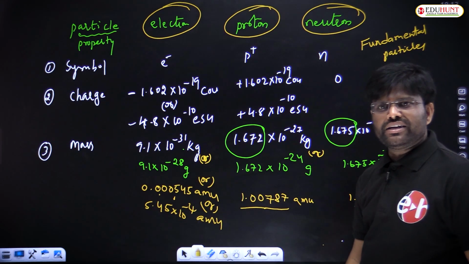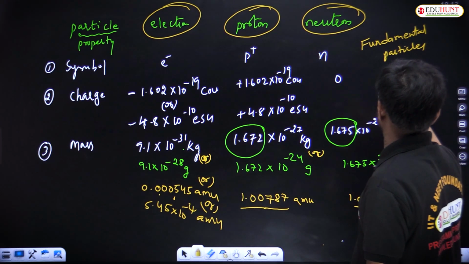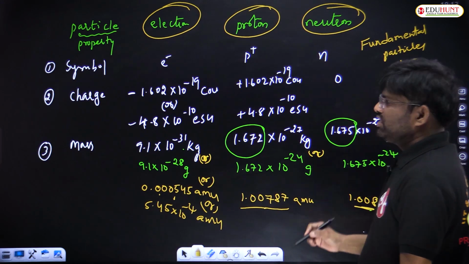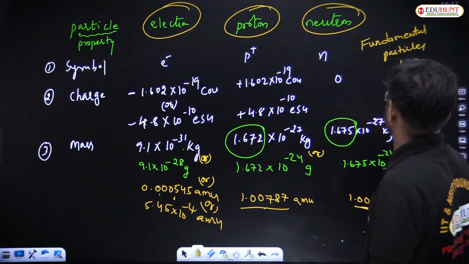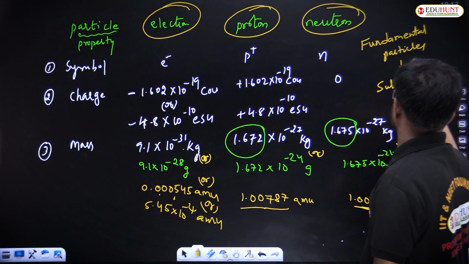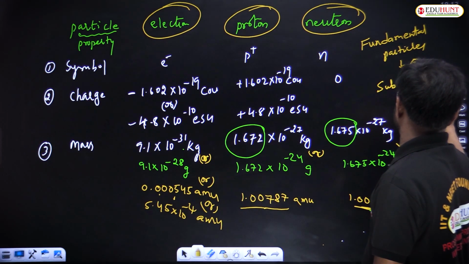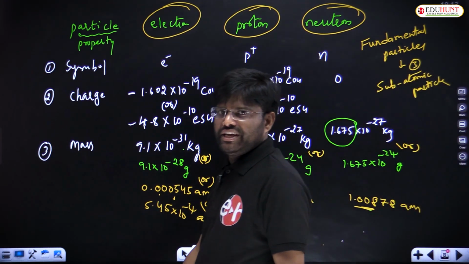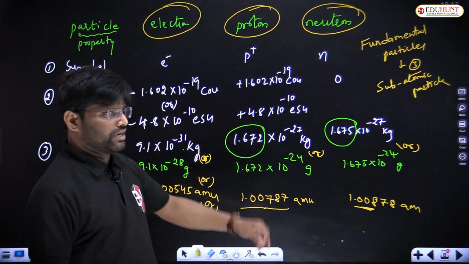How many fundamental particles? 3 fundamental particles. These are also called subatomic particles. So this is about the electron, proton, neutron.